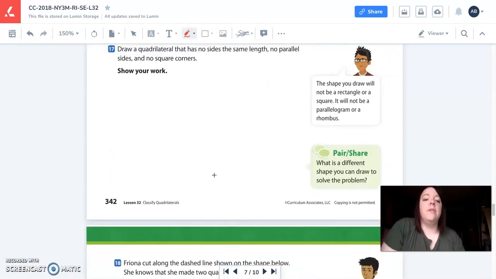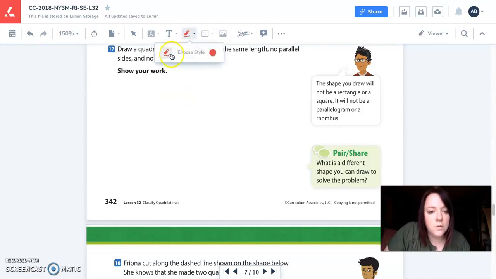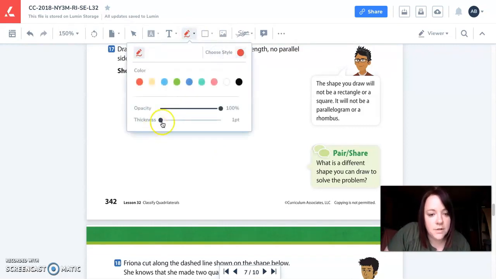Okay, number 17. Draw a quadrilateral that has no sides the same length, no parallel sides, and no square corners. I need to use the drawing tool. I'm going to make it a little bit bigger so we can actually see it. Let's make it a different color to make it fun. Let's do blue.